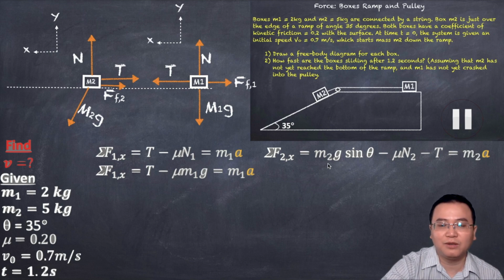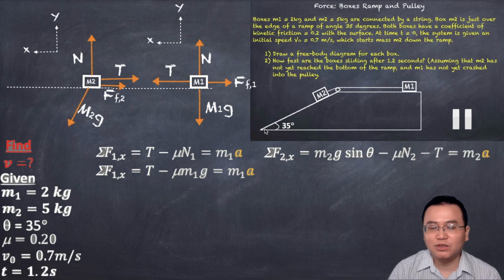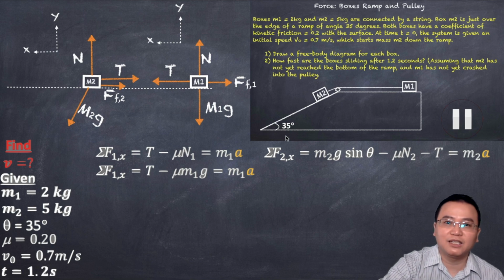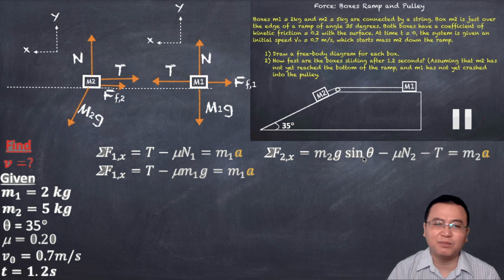So let's talk about that later, but let's look at this force. The force of friction is mu times N2, the normal force 2, minus the tension, right? And m2 sine of the angle is down the incline, and this is something that you just need to remember. Down the incline is the mass times g times sine of the angle, and the derivation of that is in my previous video.